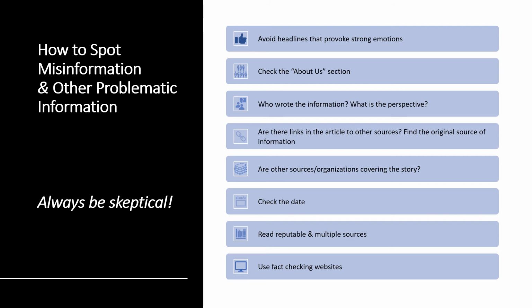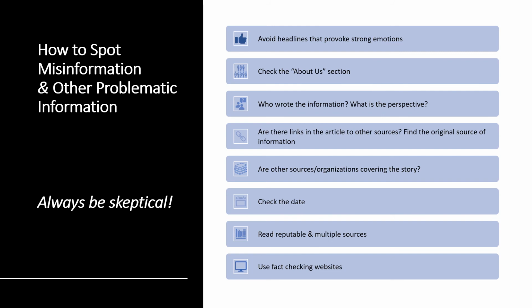Even if one news organization has a breaking story, within 10 to 15 minutes, many other news organizations will be presenting that information as well. So if you do a Google search, for example, and you can't find any other source reporting on that information, you should definitely question the validity of the information you're being presented with.